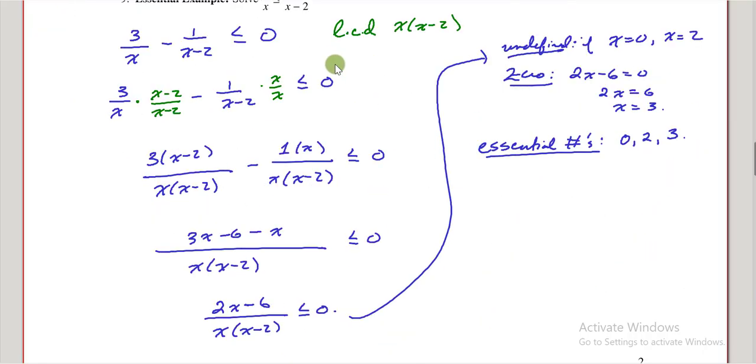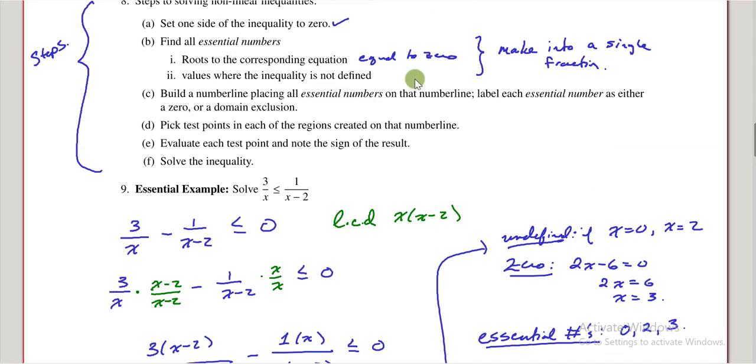So I'm now going to build a number line, and on that number line, I'm going to put all of those essential numbers, 0, 2, and 3. It's important here to make sure to label each essential number as either a 0 or a domain exclusion.